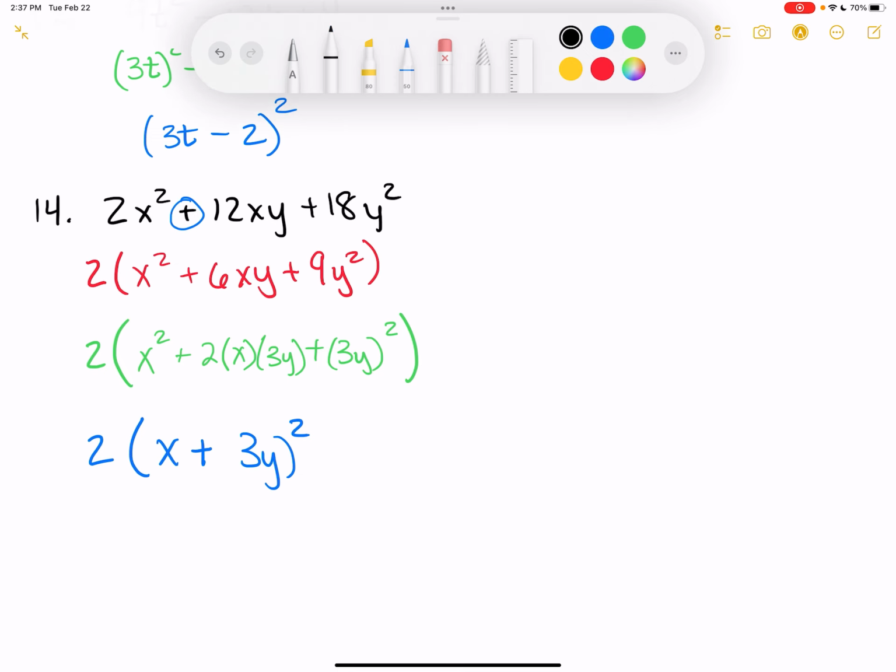All right, so 16, I want you guys to try to walk me through what to do with this one. They use f's, so I'm going to switch them to x's just for convenience. So 4x squared minus 36x plus 81.